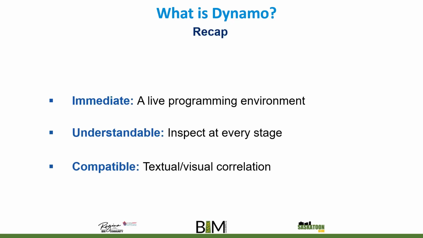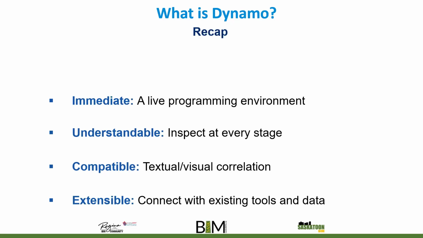It's compatible. Whether you want to work in textual, meaning that we can have code blocks and type text in, or we want to work in visual, we like to see the things, plug in the wires and the nodes, we can do that. And it's extendable. We can take information from Dynamo and push it out into other platforms, whether that be Revit or Formit or exporting to Excel. We can take the information from Dynamo and put it in other spots.